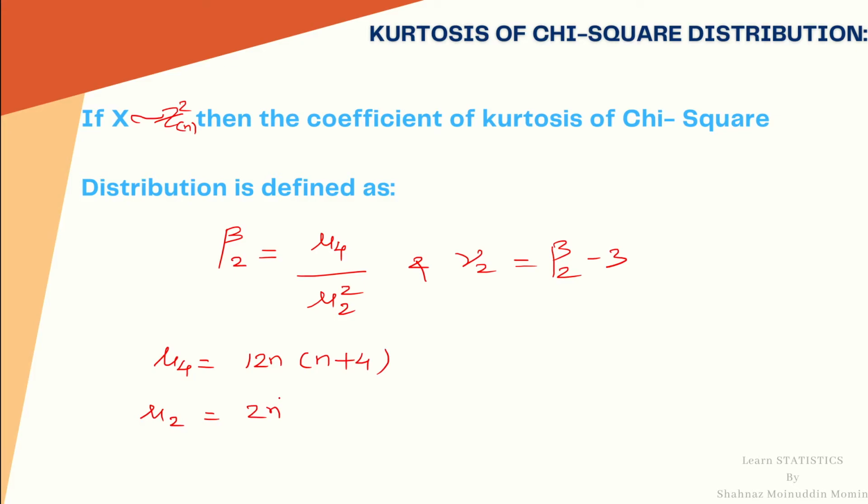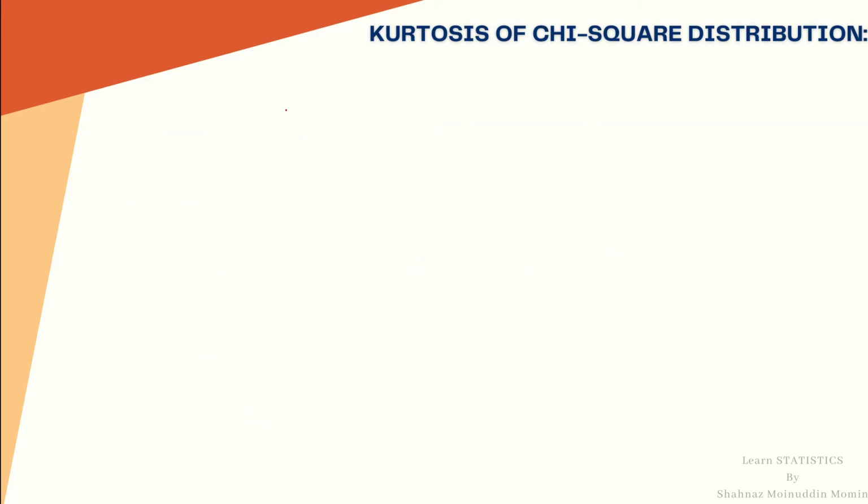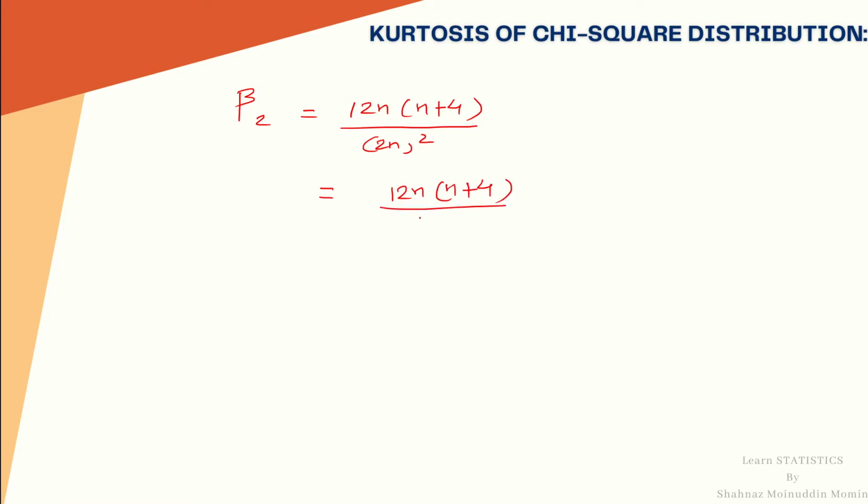After substituting these values in beta 2, we get beta 2 is equal to 12n into n plus 4 upon 2n square, which is equal to 12n into n plus 4 divided by 4n square.